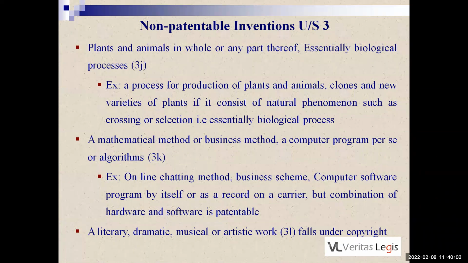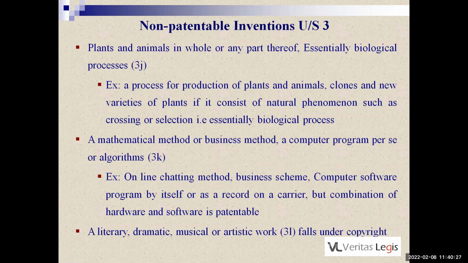Section 3(k) is more important because nowadays it is a computer area, and in our day-to-day life we are discovering new computer programs, business methods or mathematical methods. They are not patentable. Section 3(k) says a computer program per se or algorithms are not patentable.